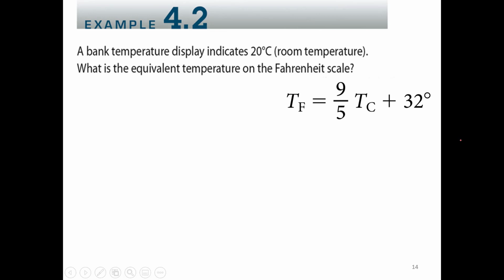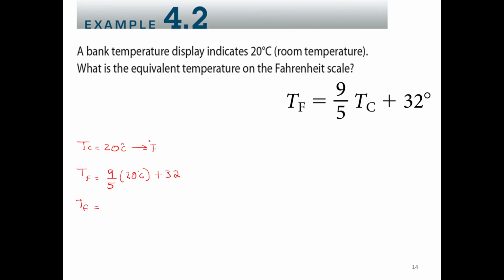We want to convert 20 degrees Celsius into Fahrenheit, and the temperature in Celsius is 20 degrees plus 32. First we multiply by 9. You can skip some of these steps, but I am explaining step by step because I want to be clear.